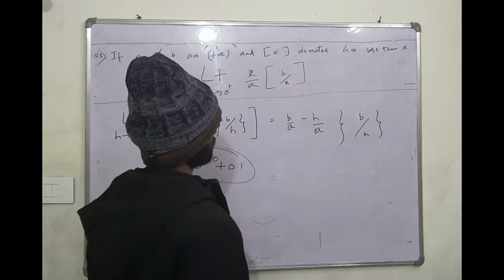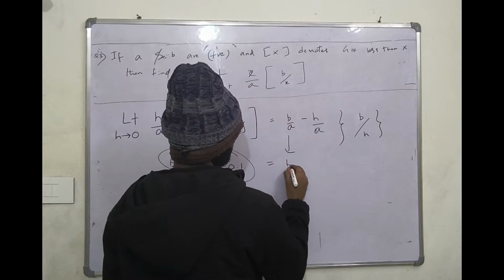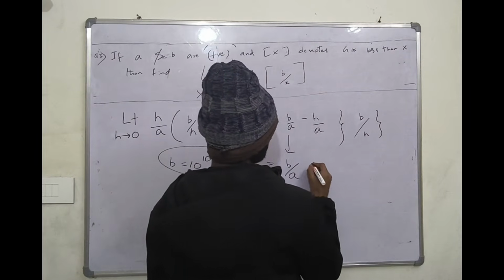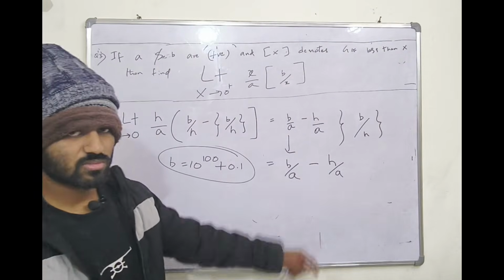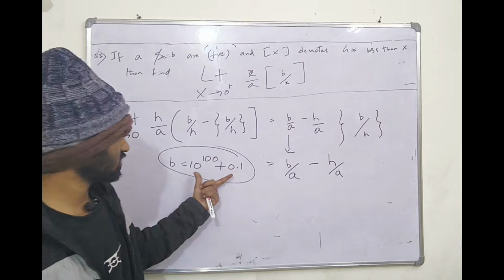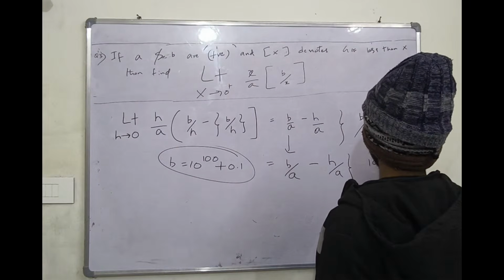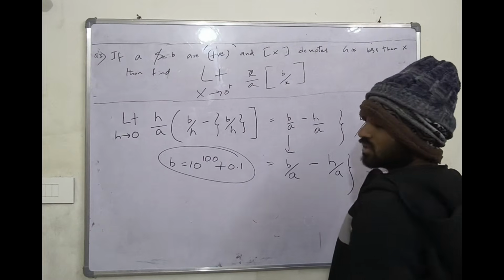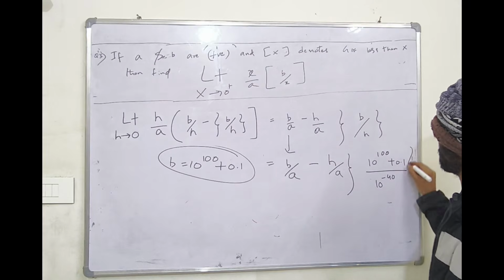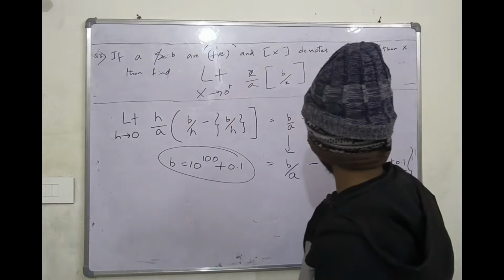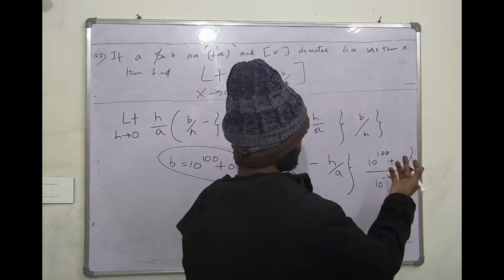okay. Then this value is, we are not substituting initially, okay, minus h by a, again the fractional part of b by h. B is this much, 10 power 100 plus 0.1, by h, which is 10 power minus 40, okay. Here we are getting an integer plus 0.1 divided by 10 power minus 40.